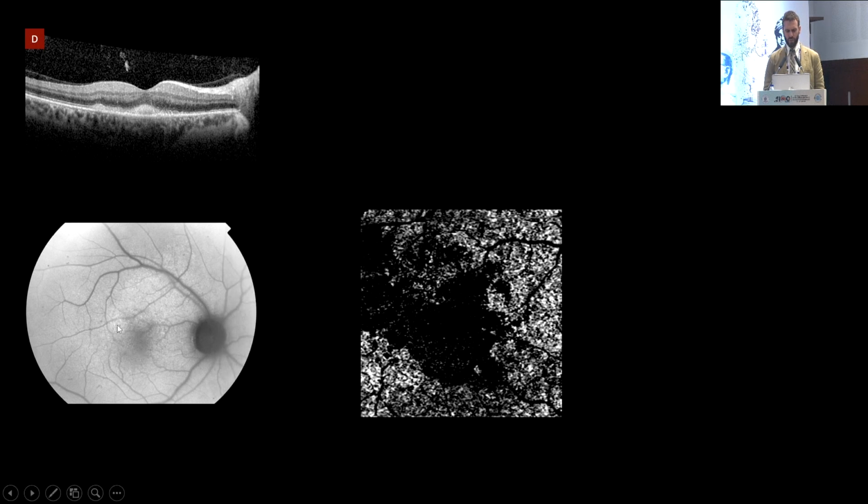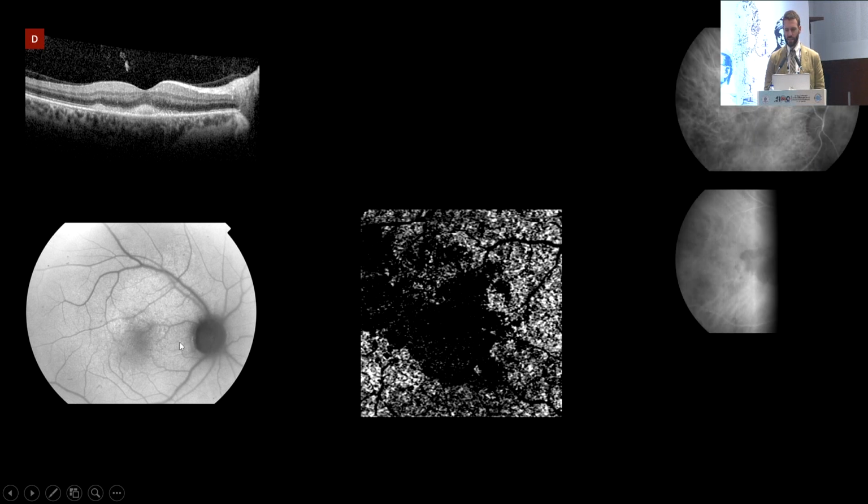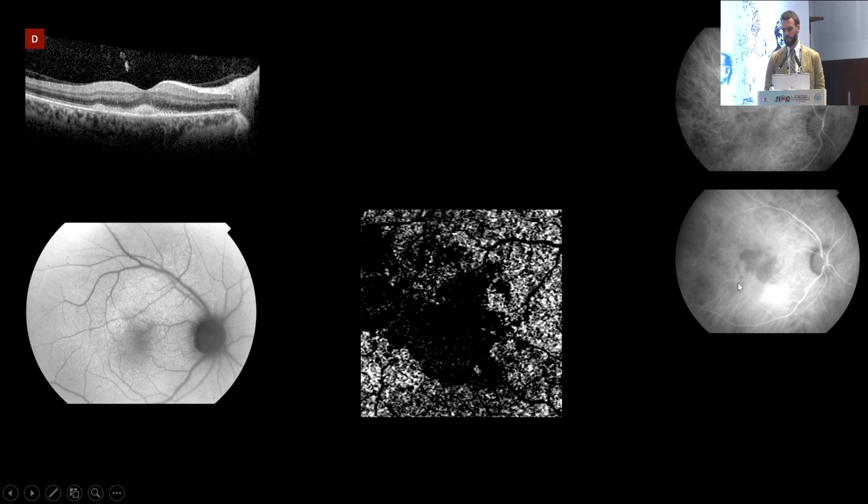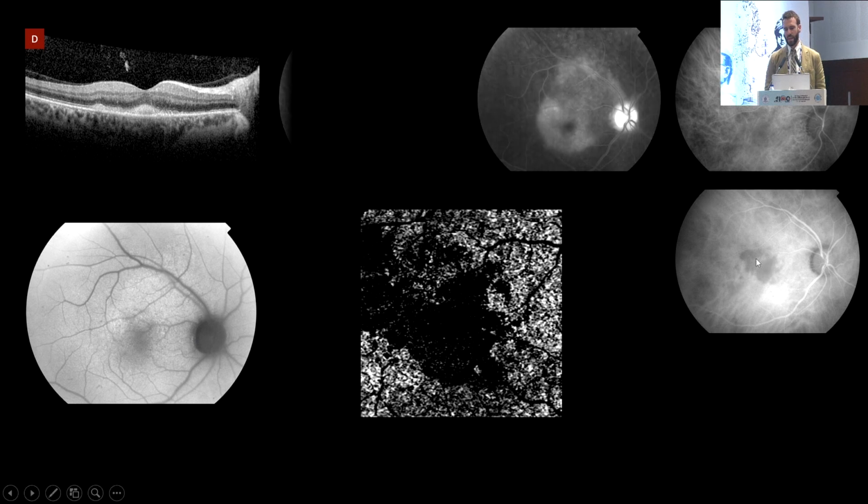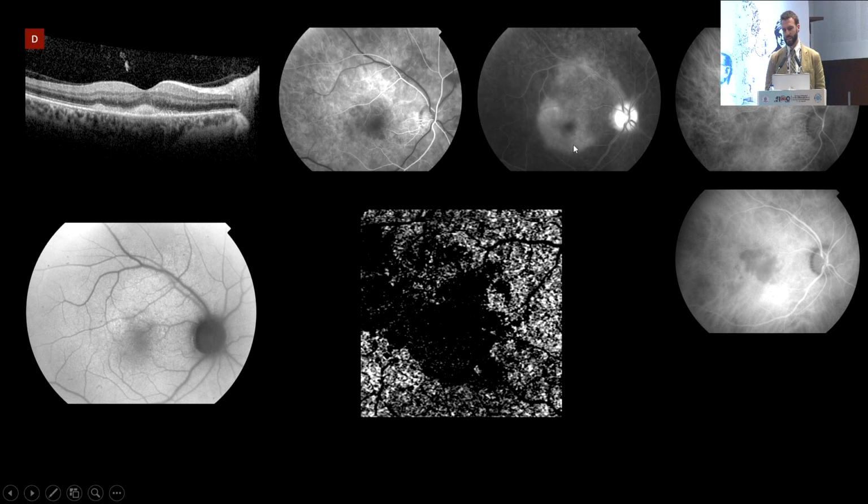On autofluorescence, you don't see a lot. Maybe you see a diffuse hyper autofluorescence here. ICG is showing us some hypoperfusion in the center, and what's quite telltale in this patient before getting any test is this plaque of hyperfluorescence in the macula with the edges that are slightly leaking.